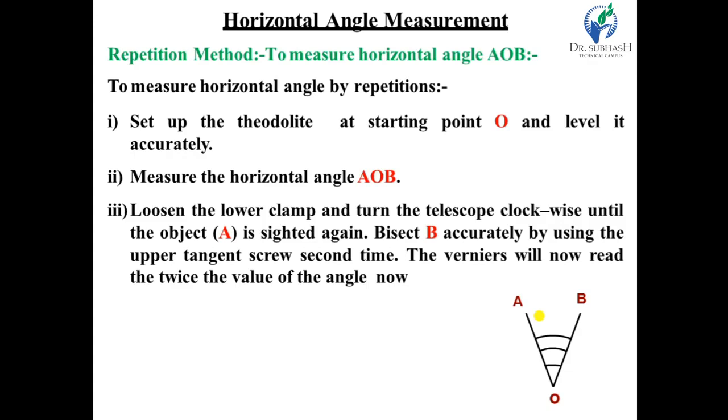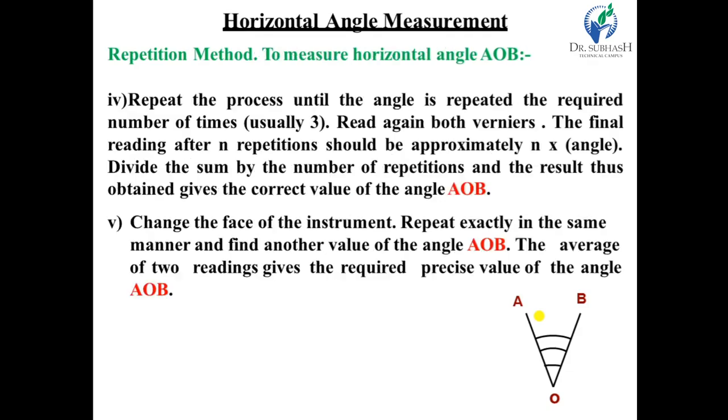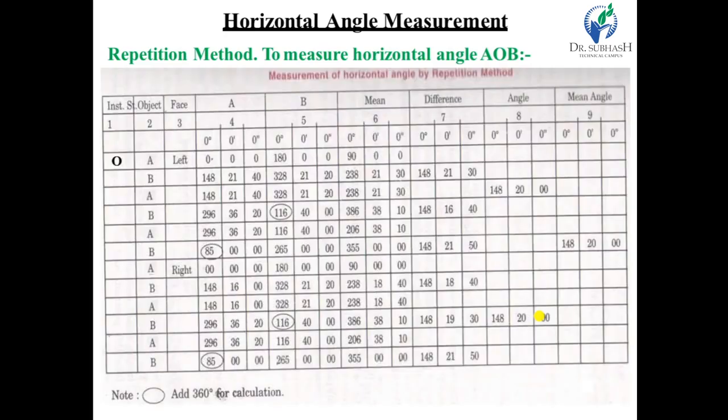The vernier will now read twice the value of the angle. Repeat the process until the angle is repeated the required number of times. Generally, it is repeated 3 times.